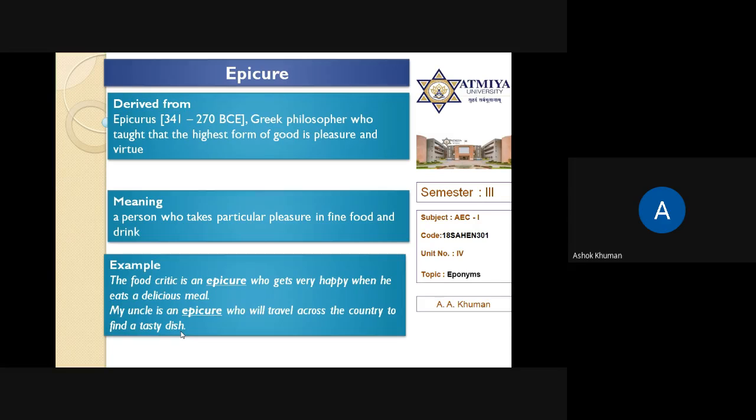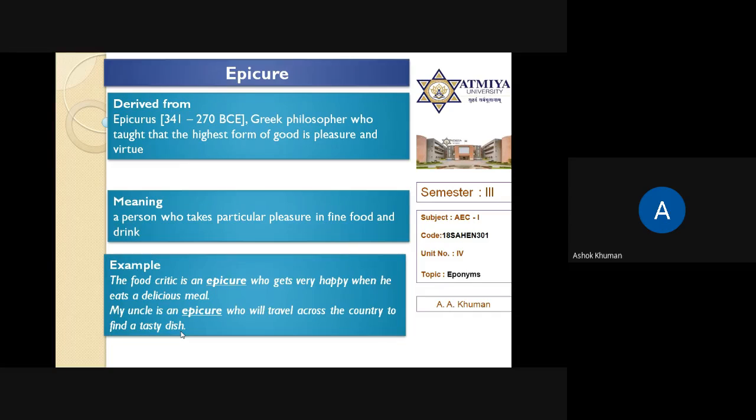Epicure means a person who loves eating delicious food. An epicure would not eat just anything; he would eat food which is delicious and tasty, and he would take pleasure in doing so. There is also another word for one who is fond of food, but I'm unable to recollect it now.